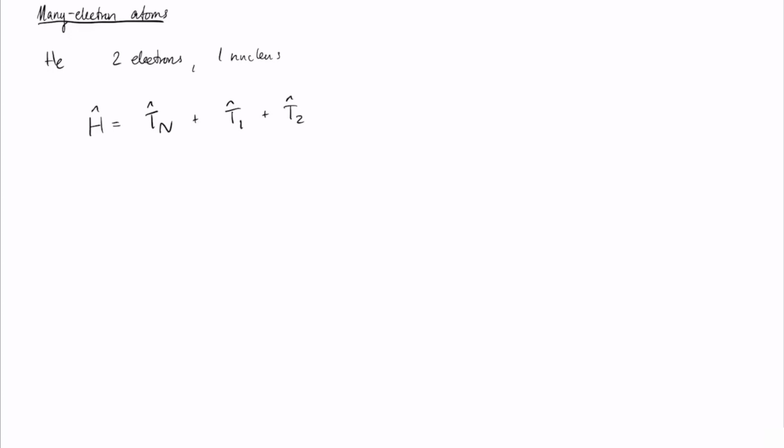Okay, and then we need to include the potential energy of this. So all of the potential energy terms will have the same factor in front. This will be e squared over 4 pi epsilon 0. And now times a big term. So the first term that you'll see is the Coulomb attraction between electron 1 and the nucleus. So this will have a negative sign because it's an attraction. Has a factor of 2 up top because there's a charge of 2 in the nucleus.